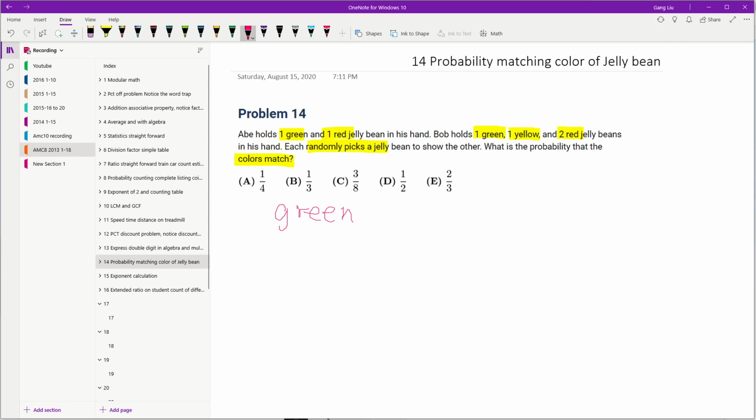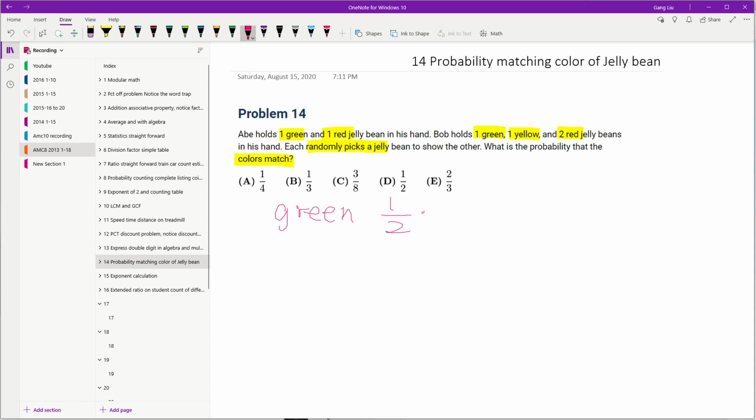To pick green, Abe has a 1/2 chance of getting green because he has 2 total beans and 1 green is a 1/2 chance.